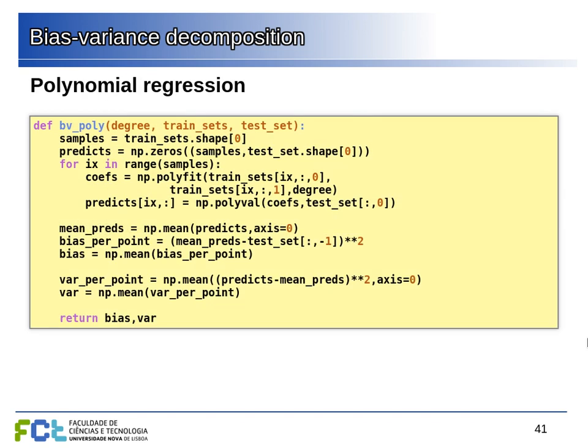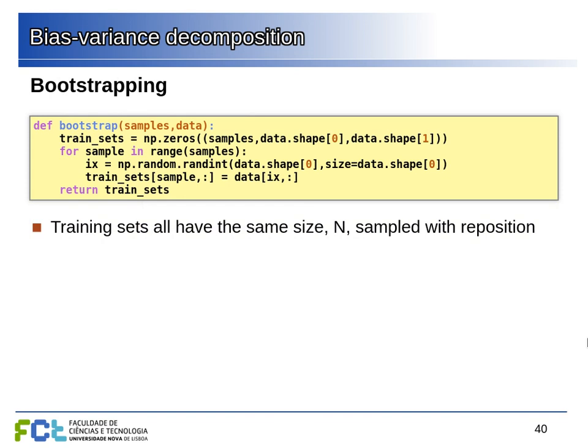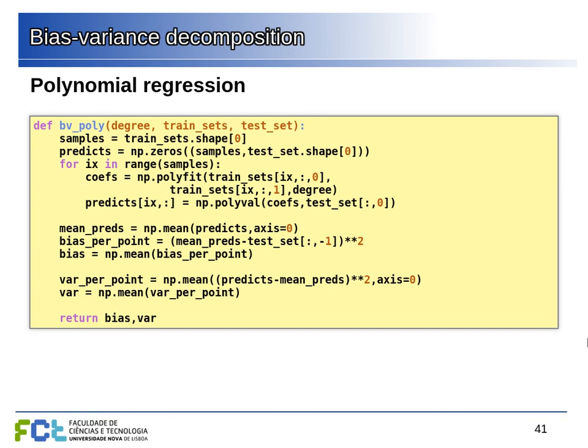And now let's do this to decompose bias and variance with polynomial regression. We can start by getting the samples from there. So we have here the training sets, which are just this three-dimensional matrix with all the samples. And we have a test set to measure the error.